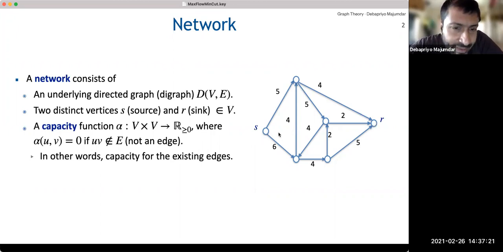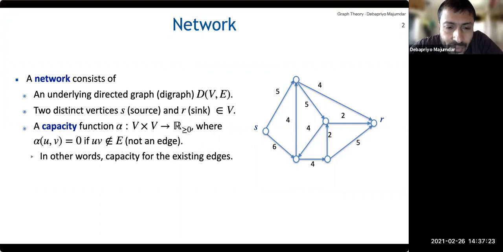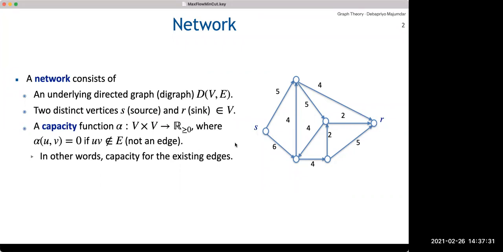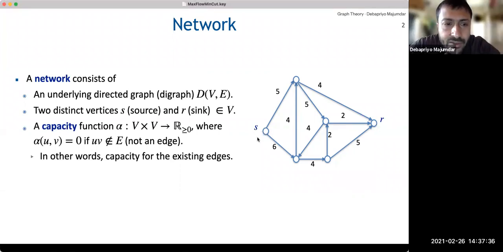But we'll see later on, after we prove certain properties, that we can actually construct networks without this, but then we'll have to set the capacity appropriately. So essentially, intuitively, the source just provides the flow, and the sink takes in everything.